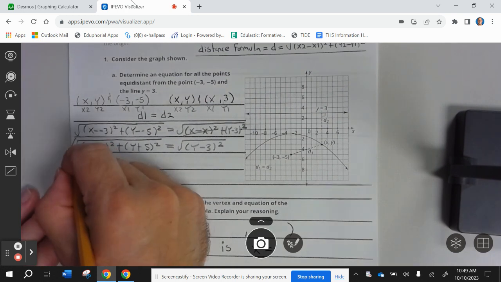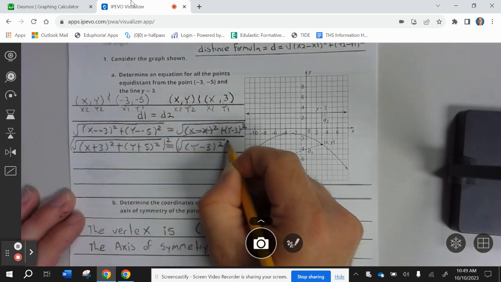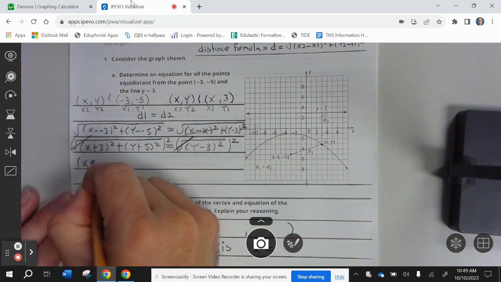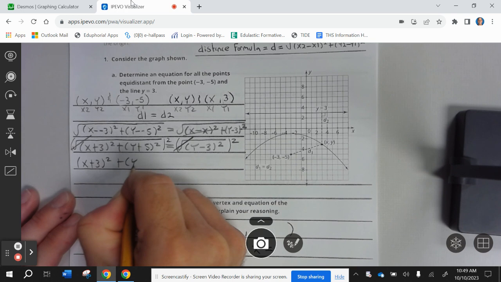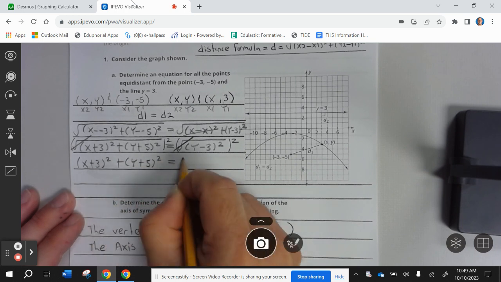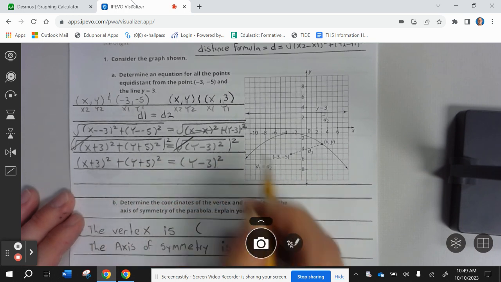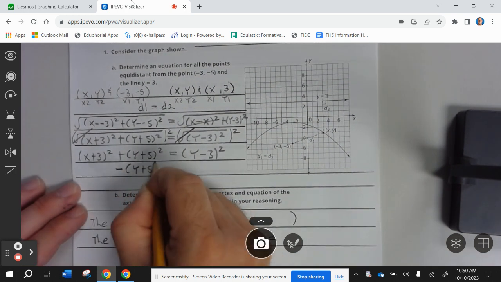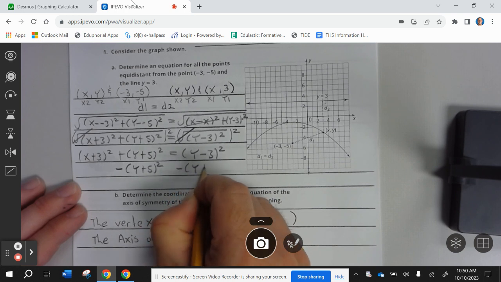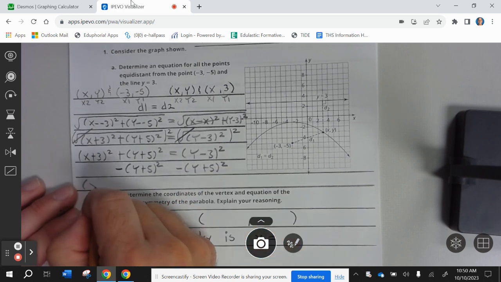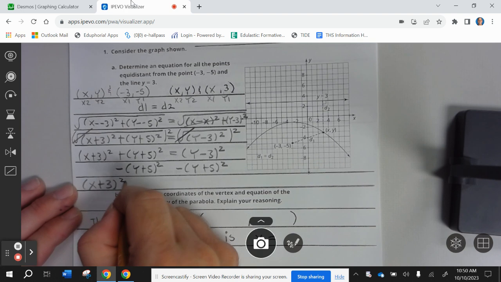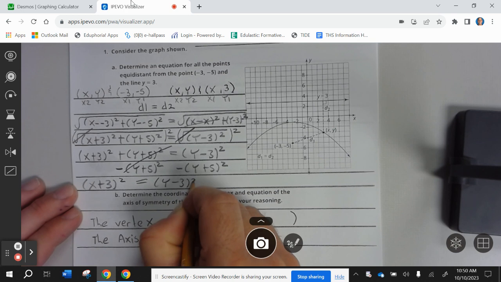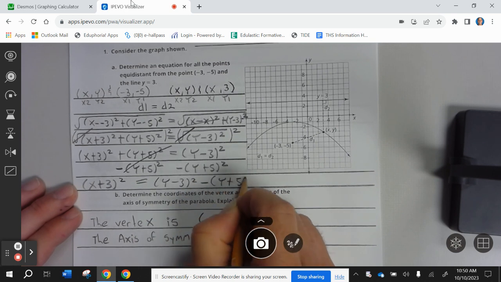Now, we're going to square both sides. That cancels the square root on both sides, and then you're left with (x plus 3) squared plus (y plus 5) squared equals (y minus 3) squared. So we're going to subtract (y plus 5) squared from both sides. So then you get (x plus 3) squared equals (y minus 3) squared minus (y plus 5) squared.